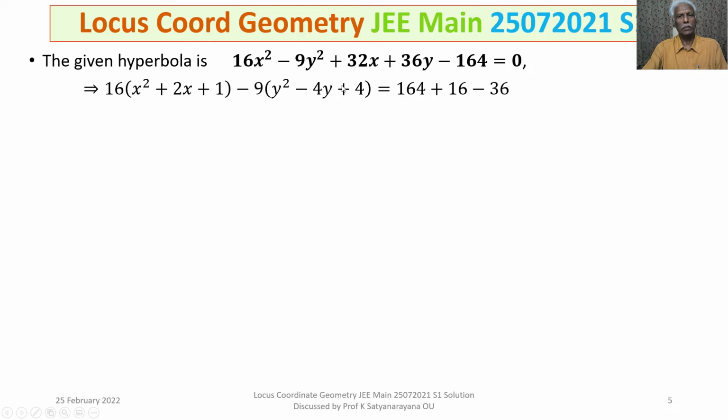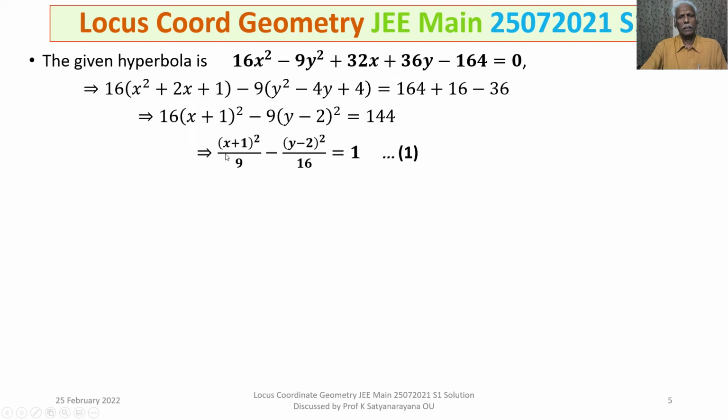Similarly we have done this, and that is equal to 164. To adjust the constant terms, we have added 16 and minus 9 fours are 36, minus 36 on the right hand side, so that it will be balanced. And this is now written as 16 times x plus 1 whole square minus 9 times y minus 2 whole square is equal to, on simplification, on the right hand side we get 144.